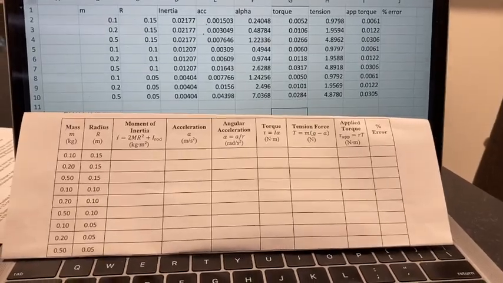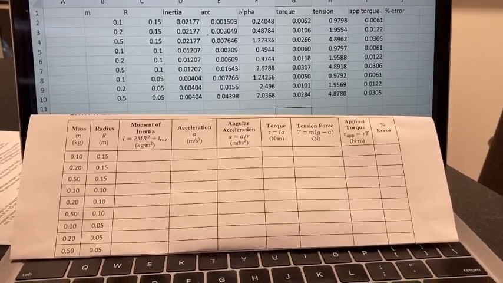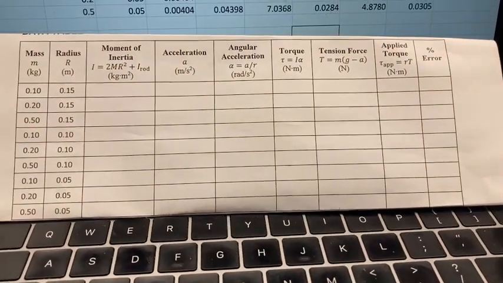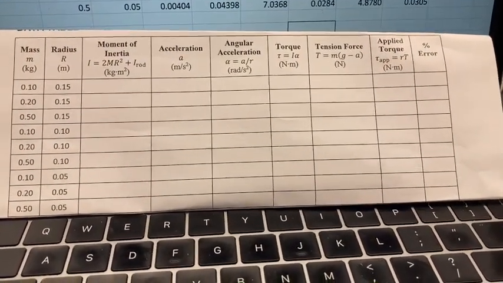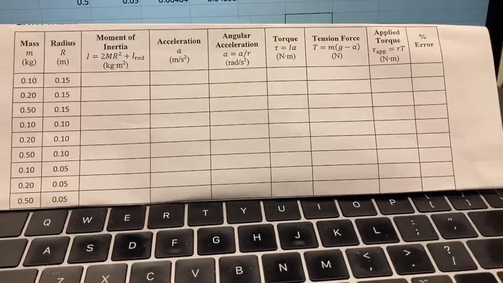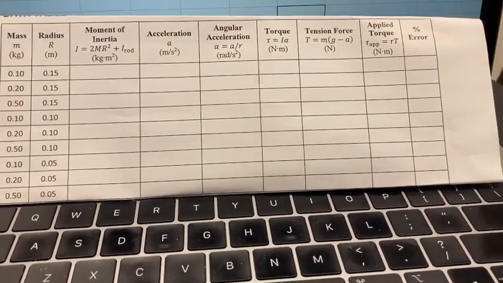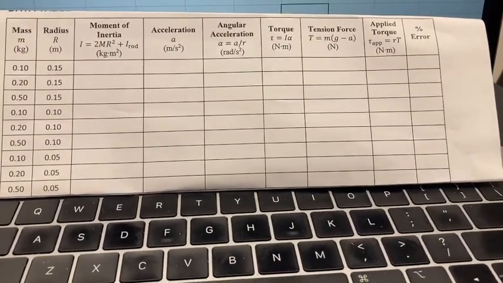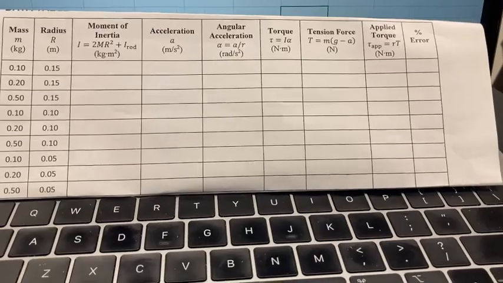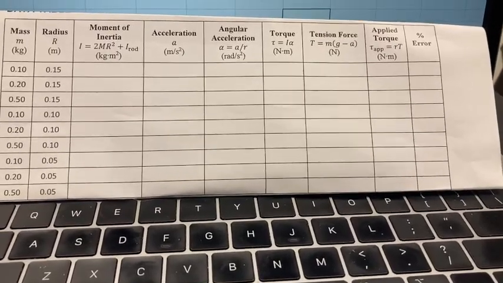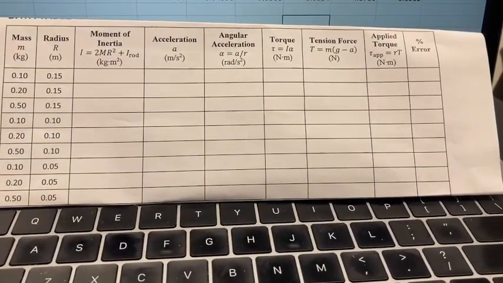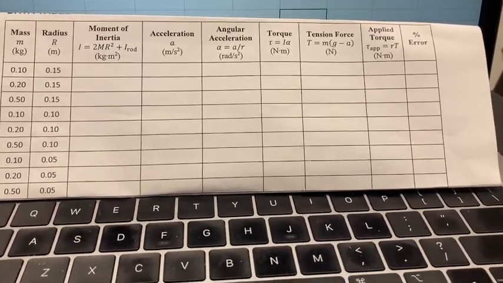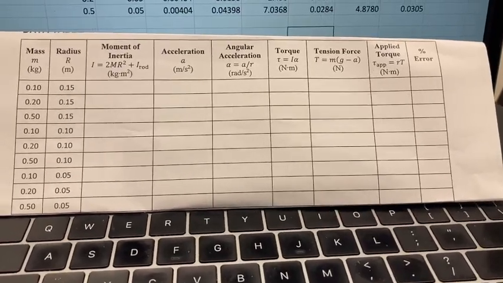All right, we've taken the data and here's what we got. Here's the original data sheet of mass. Again, little m is the hanging mass. Big R is the radius of the big masses hanging out. Moment of inertia is there, and I calculated that for you. Acceleration is in meters per second squared. Angular acceleration is alpha, which is a divided by the radius of the little rotating rod. Torque is I times alpha.